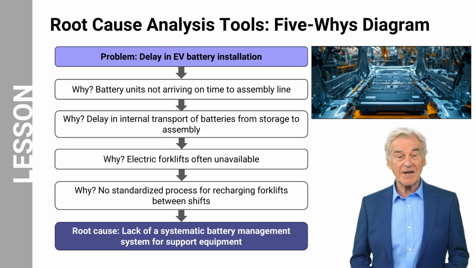The final why reveals that there's no standardized process for recharging forklifts between shifts. Thus, the root cause is identified as a lack of a systematic battery management system for support equipment. This demonstrates how the 5 whys technique can reveal underlying issues that may not be immediately apparent, allowing for more effective problem solving.